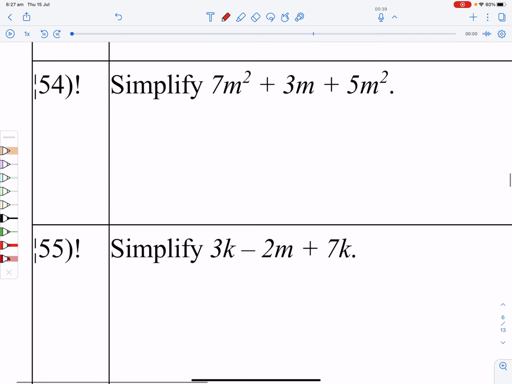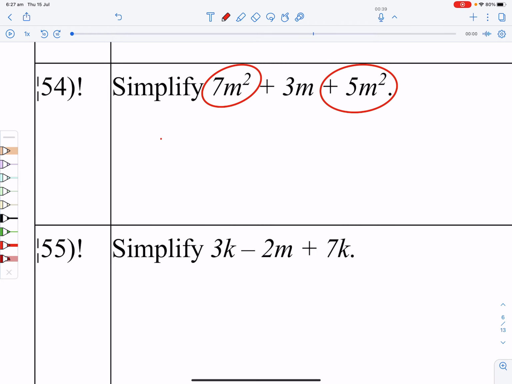Having a look at this. Let's look at the like terms. So that's the 7m squared and the plus 5m squared. This is not a like term because it's only got an m. So now 7m squared plus 5m squared is 12m squared. So these have simplified to 12m squared, and now we put the plus 3m back where it was.